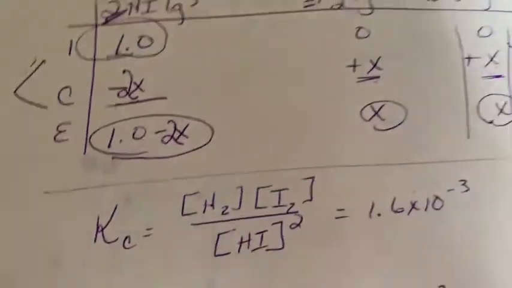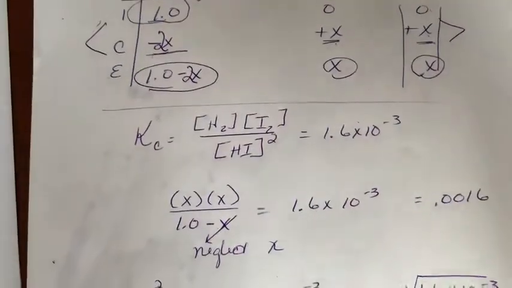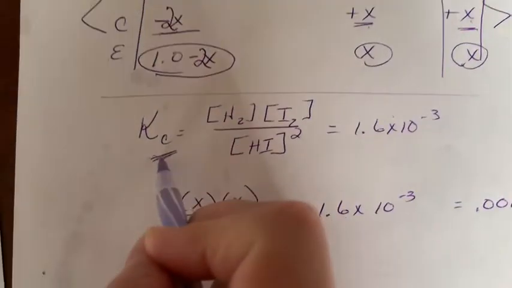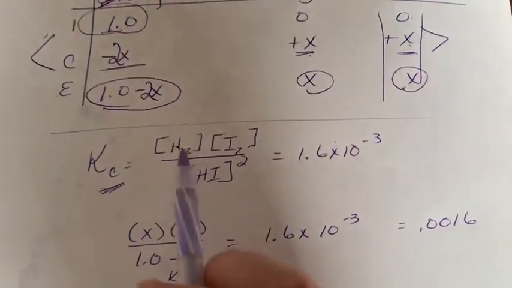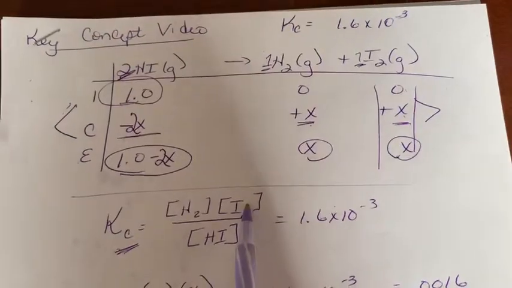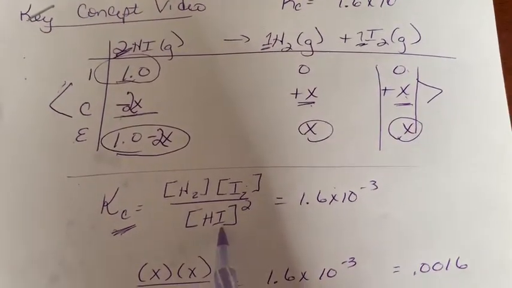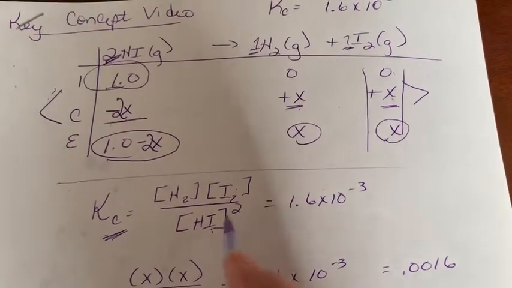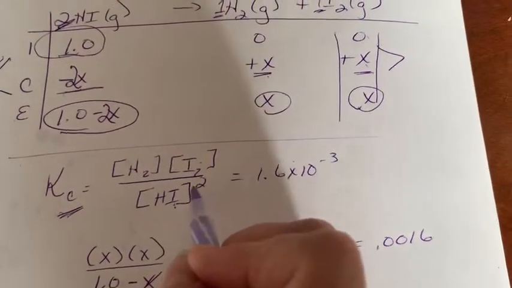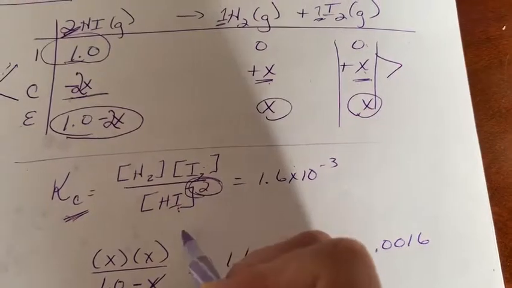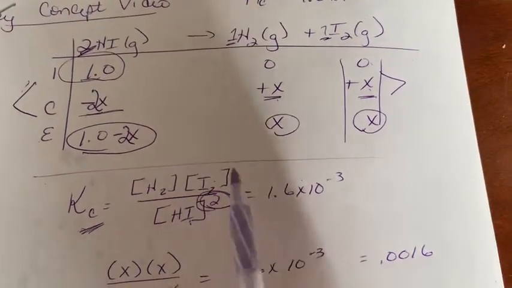Okay, so once you get your ice table finished, go ahead and write out your equilibrium expression. I strongly encourage you to write this generic expression in terms of products and reactants, because it's so common for students, if they don't do this and just start plugging in values, to forget if there are exponents. Look at the reaction.